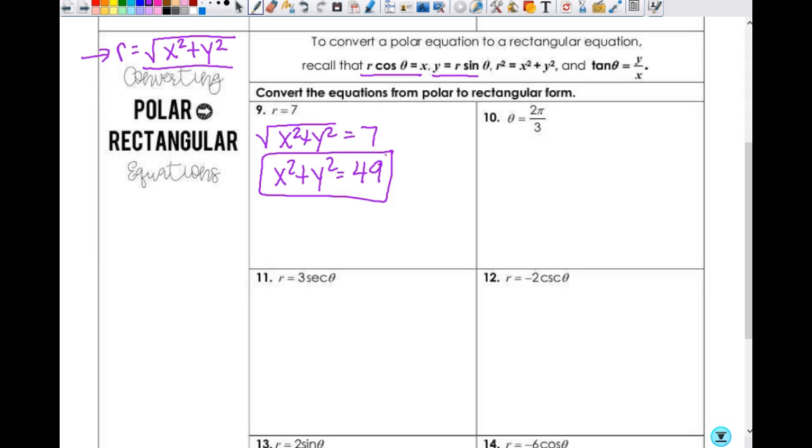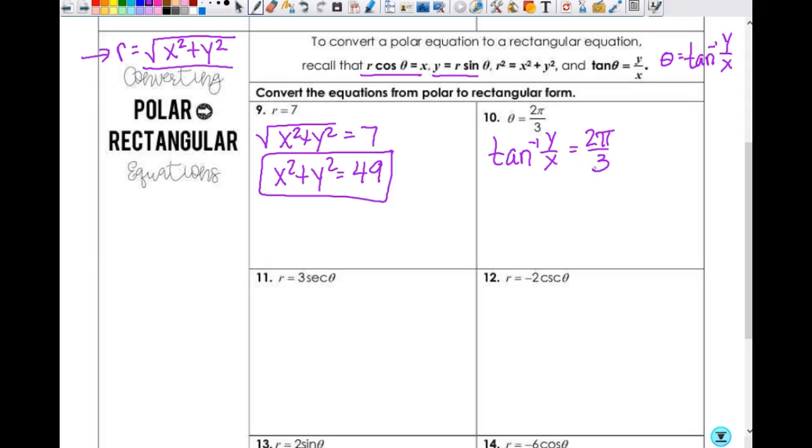Okay. So then, number 10. The tangent of theta equals y over x, but remember, theta is equal to the tangent inverse of y over x. So to substitute in for theta, I substitute in tangent inverse of y over x. That's equal to 2 pi thirds.